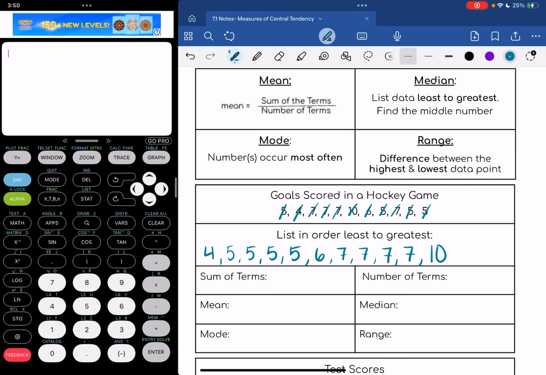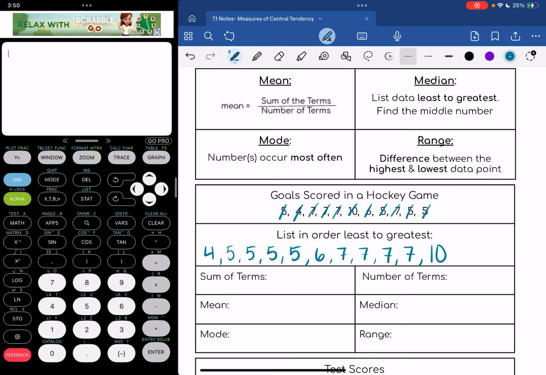After I list all my numbers in order, and cross them off so I know I got them, I like to also go through and count them. So if you count them, you can make sure you got all of them. My original set of numbers had 1, 2, 3, 4, 5, 6, 7, 8, 9, 10, 11. And the ordered list also has 11. So make sure I have all my numbers, because if I skip one, I will be missing one.